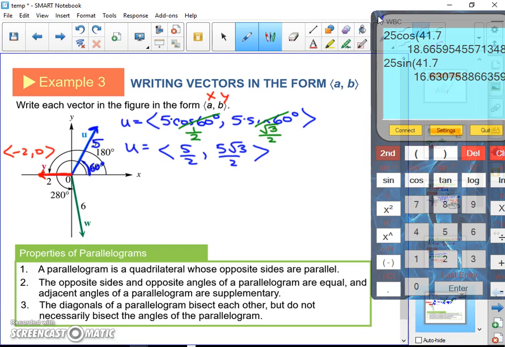Okay, but if you didn't know that, we can calculate it in the same way. We would do magnitude 2 times cosine of the angle and magnitude 2 times sine of the angle. Cosine 180 is negative 1. Sine 180 is 0. So if you clean that up, 2 times negative 1 is negative 2, and 2 times 0 is 0.